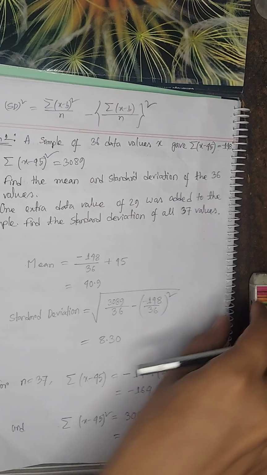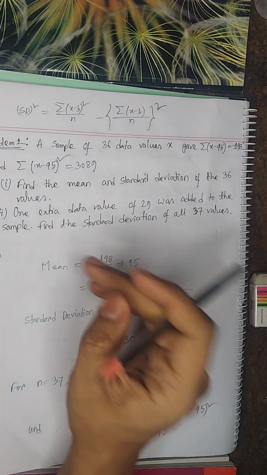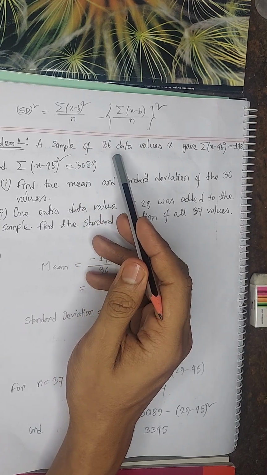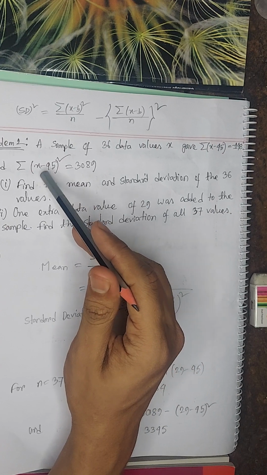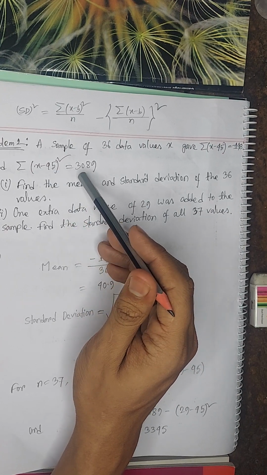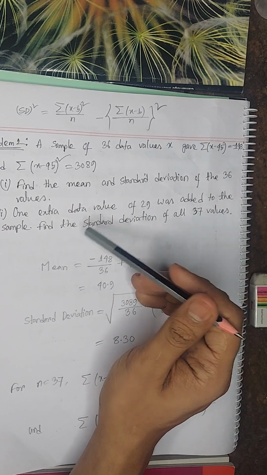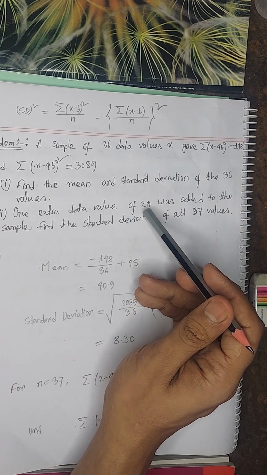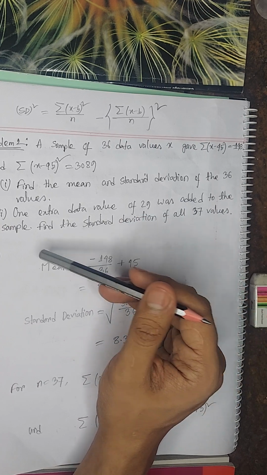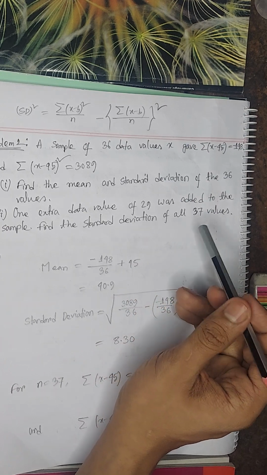Now our second problem. Here a sample of 36 data values x gave this, and summation of x minus 45 whole square is 3089. We have to find the mean and standard deviation of the 36 values, and if one extra data value of 29 was added to the sample, then we have to find the standard deviation of all 37 values.